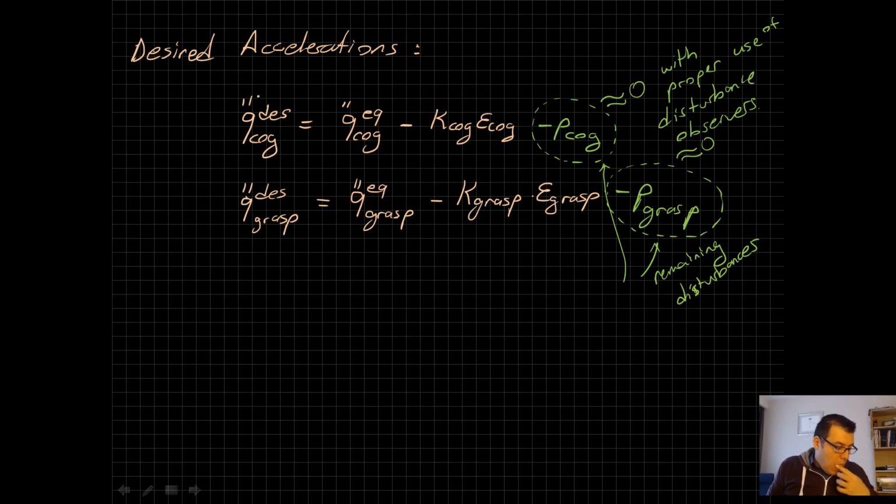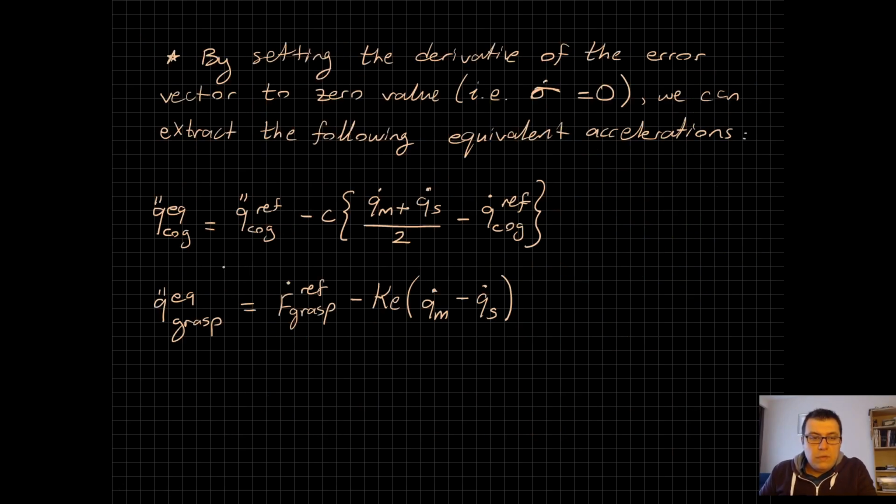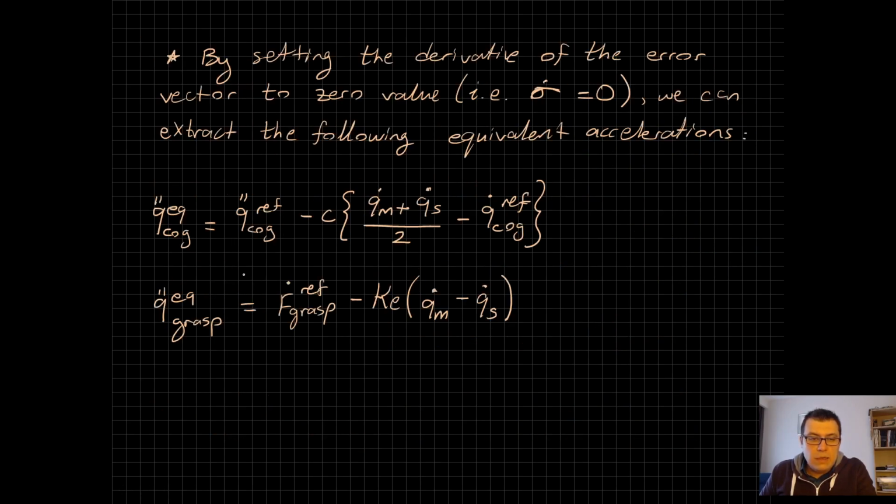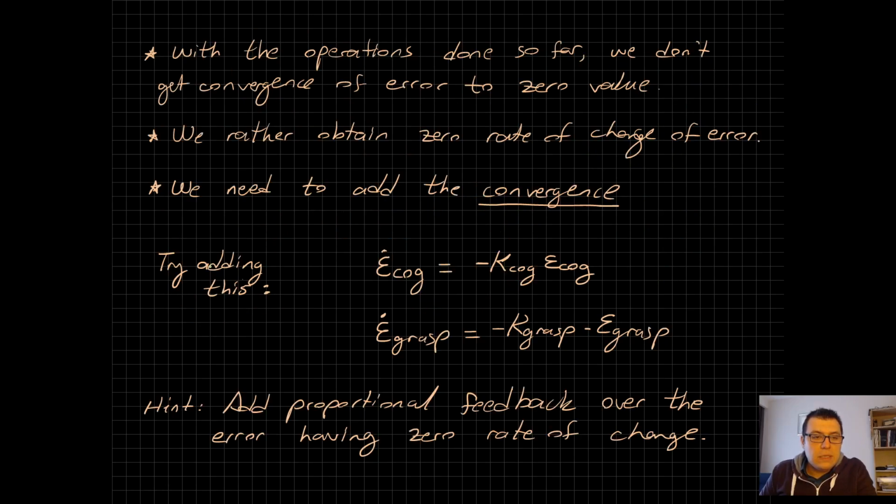Now, if we go back to the previous slide, we already had Q double dot equivalent center of gravity and Q double dot equivalent grasp. Let's move those to the next slide.